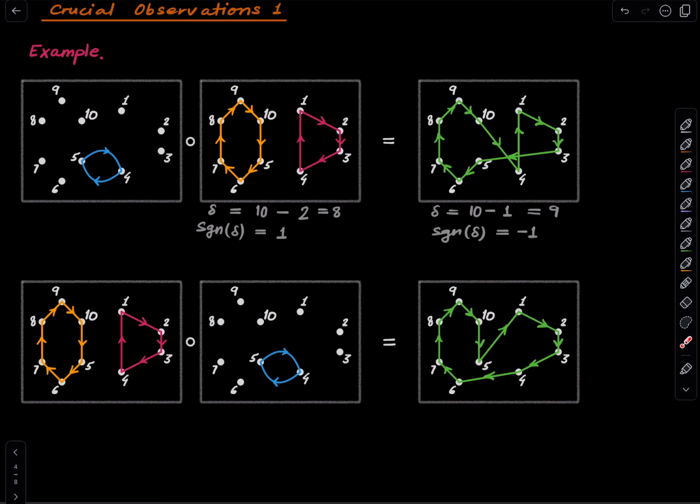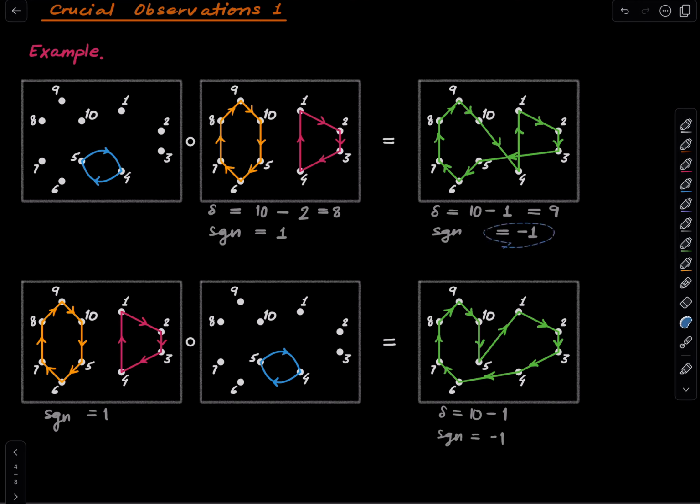Anyway, so let's compute the signs. So the sign of the previous one we computed earlier, this sign is the sign of sigma, the sign of this permutation. I didn't mean to say sign of delta. So the sign was 1, and the sign of this guy is, as it were, 10 minus 1, because there is one big cycle and 10 vertices. So the sign is minus 1.